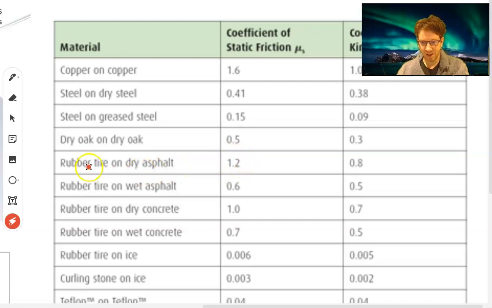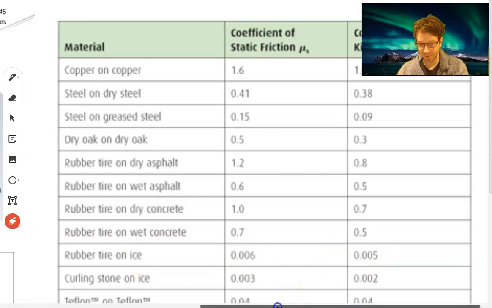And for rubber tire on dry asphalt, the kinetic friction is 0.8. Then you notice that if the road is wet, that value drops, which is why it's so much more dangerous to be driving on a wet road, or even worse, rubber tire on ice in the winter. Now it's extremely small, so even more dangerous. You can slip.